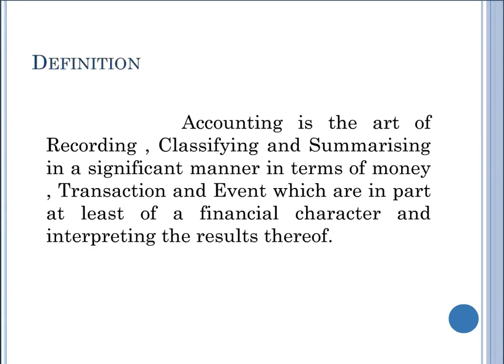Transactions and events, which are in part at least of a financial character, and interpreting the results thereof. The accounting work is interpreting the result. That's where a CA comes in. This definition was given by the Committee of Terminology of AICPA, American Institute of Certified Public Accountants. It's a very, very famous definition.